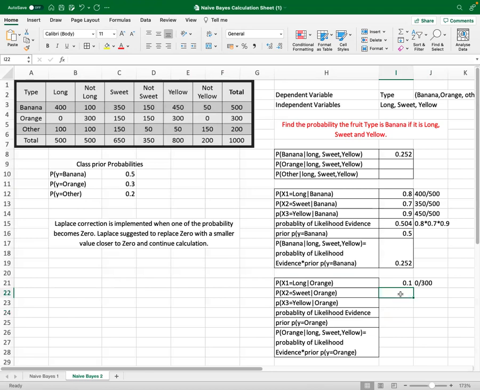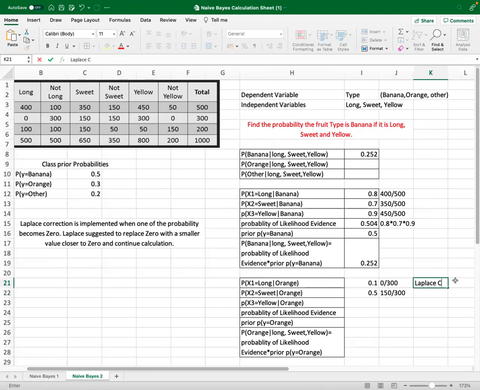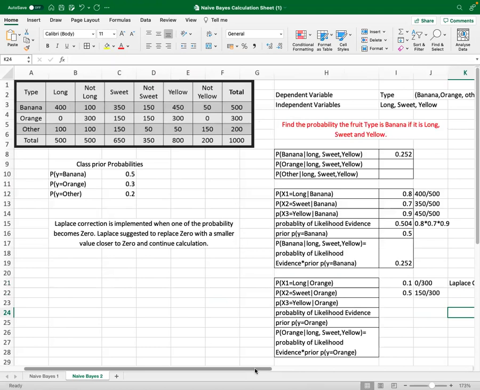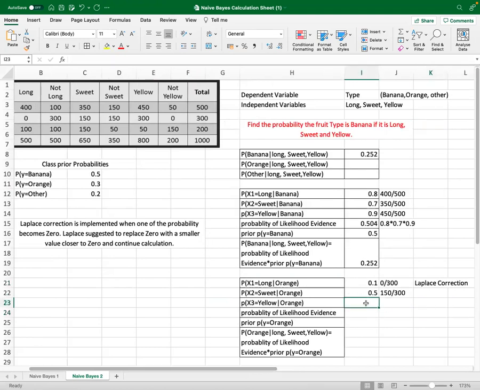How many oranges are sweet? 150, right? 150 divided by 300. So we have done Laplace correction for our understanding of why we do it. How many yellows are orange? 300, right? Is equal to 300 divided by 300.